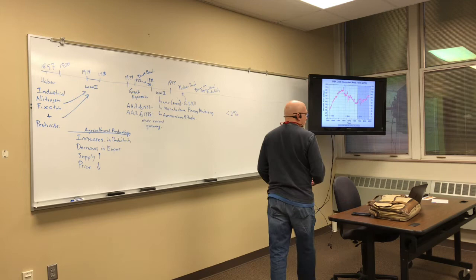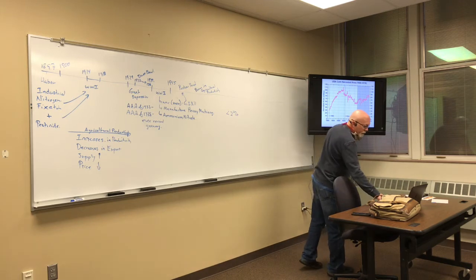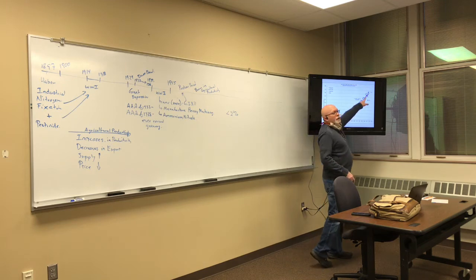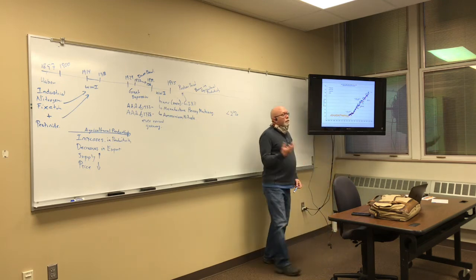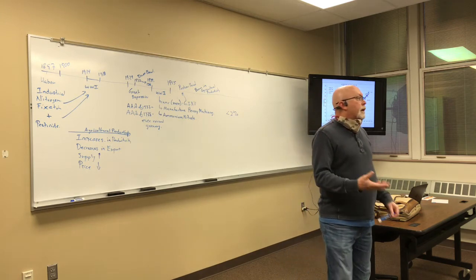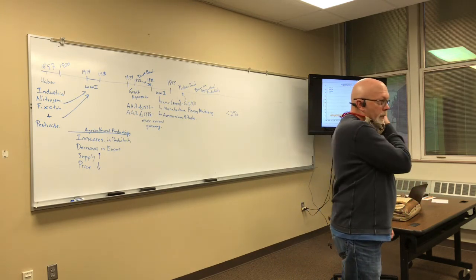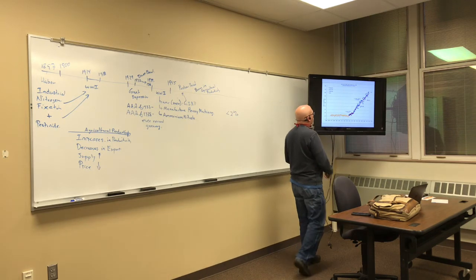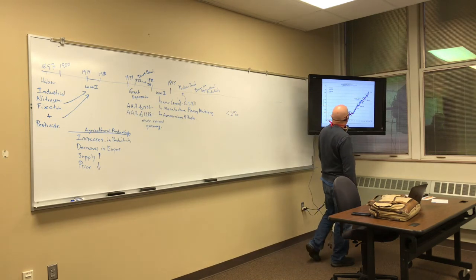But what has happened with corn productivity in terms of total corn crop is the yield has gone up hugely. So even though we're planting no more acres of corn, each of those acres of corn is much more productive than it used to be. And that's one of the reasons for this ever increasing agricultural productivity.